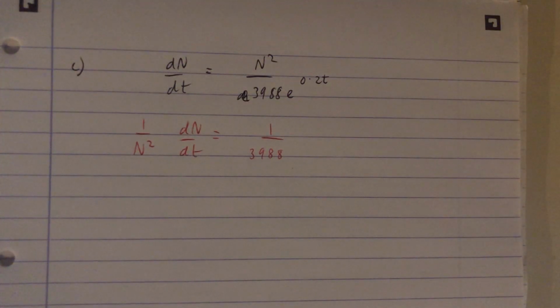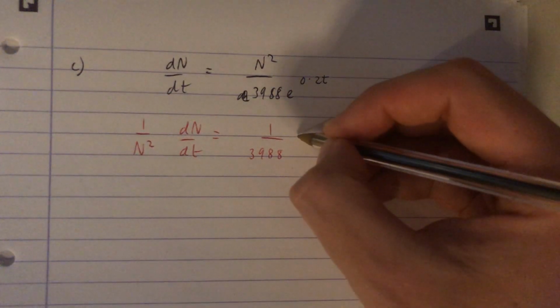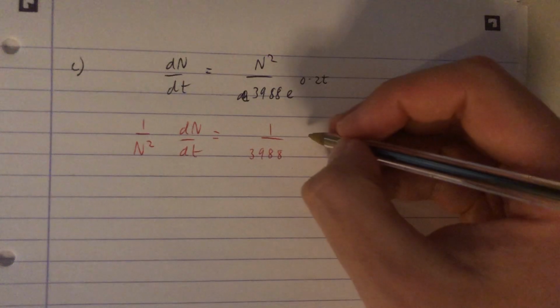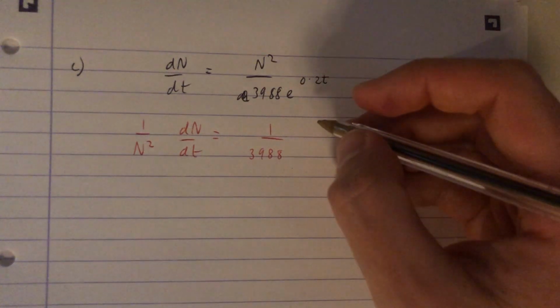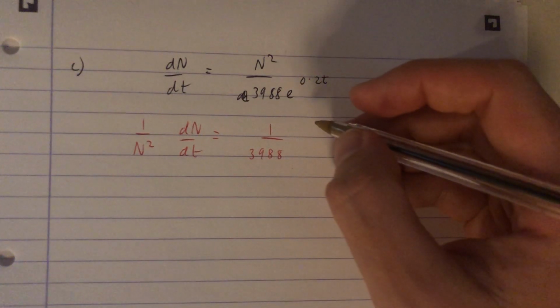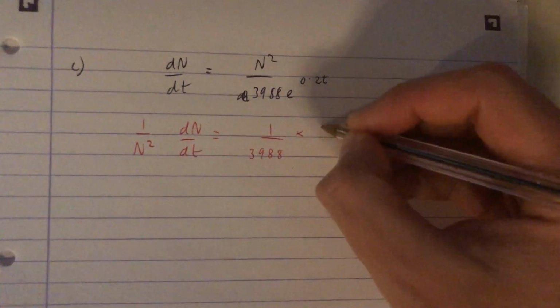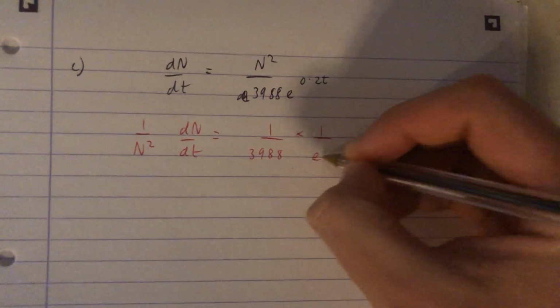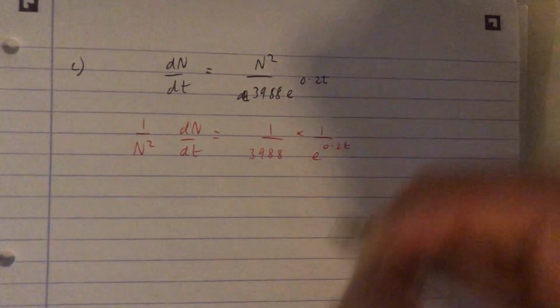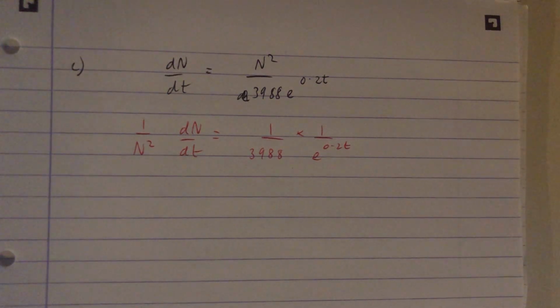Now, one thing I'm going to do is remind you that that right-hand side would be 1 over 3,988 e to the power of 0.2t, or I prefer that, which is 1 over 3,988 times 1 over e to the 0.2t.